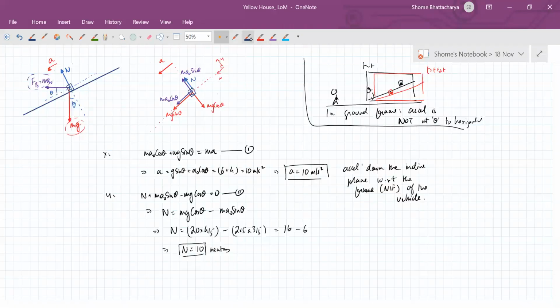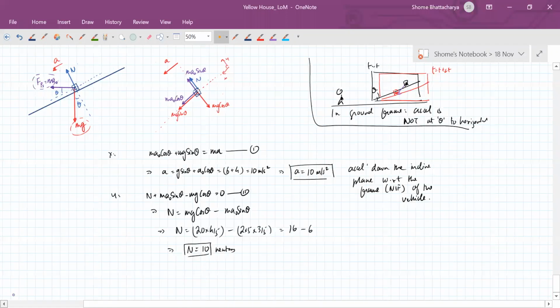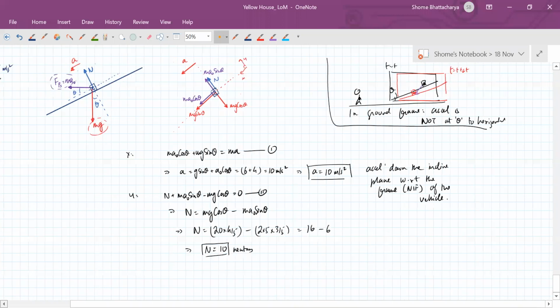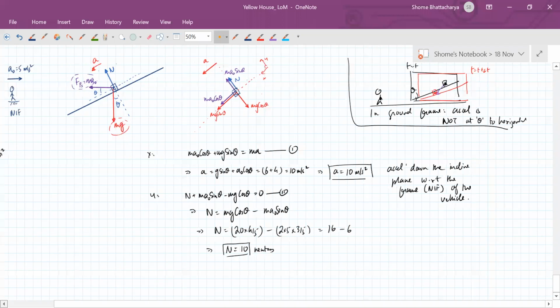Okay. The acceleration is along a direction which is like this sort of direction. This is the direction of displacement. So that's why it's not really going to be feasible to make the free body diagram in the ground frame. Here it is going to be feasible to solve only in the non-inertial frame.